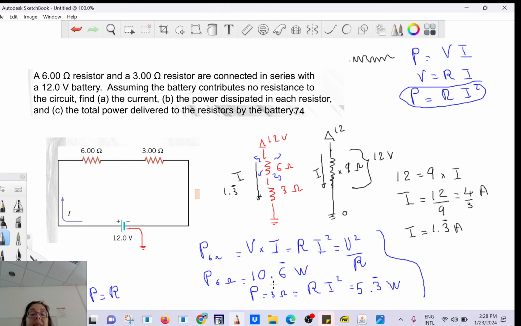So you do 10.66666 plus 5.333333. What do you get? 16 watt. So that will be the total power consumed by the loads, yes? Now can you find the power produced by the power supply?